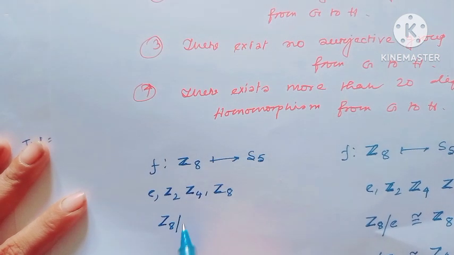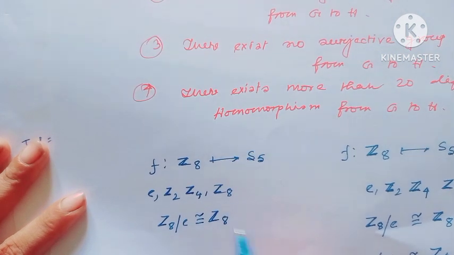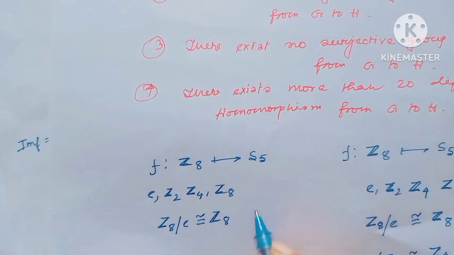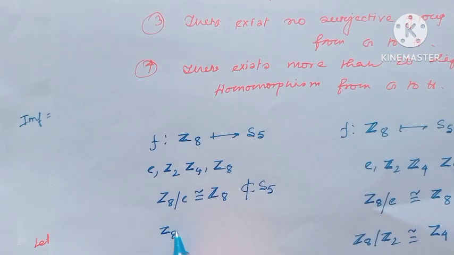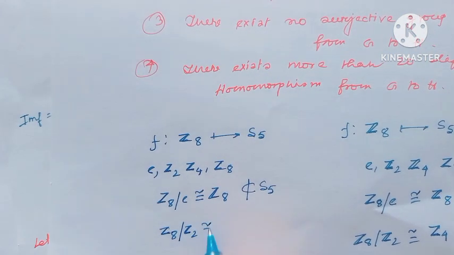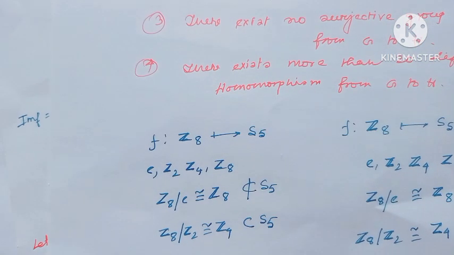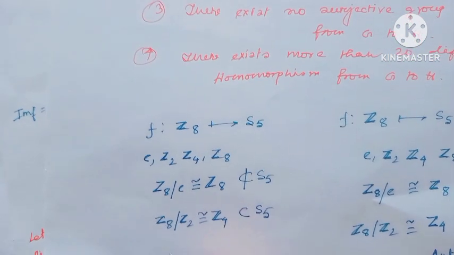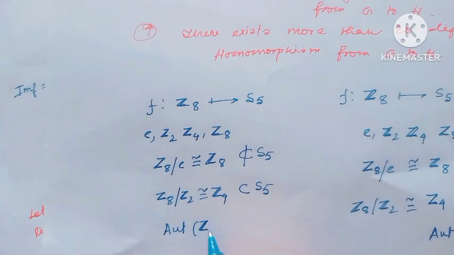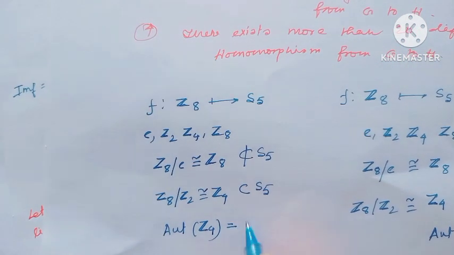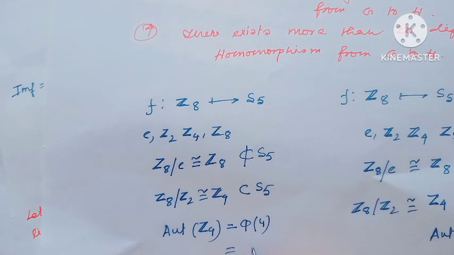Z8 modulo identity is isomorphic to Z8, which is not a subgroup of S5. Z8 modulo Z2 is isomorphic to Z4, and obviously this is a subgroup of S5. And the automorphism group of Z4 has order phi(4), and we all know phi(4) is 2.